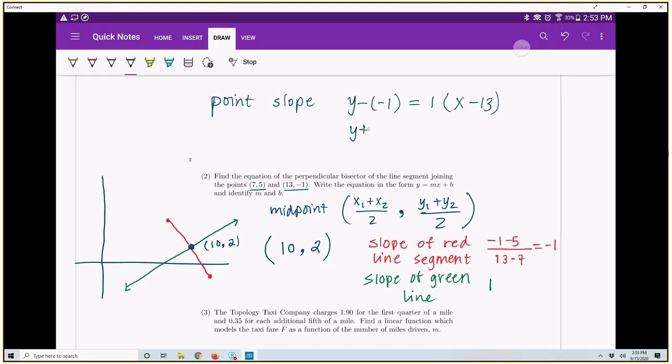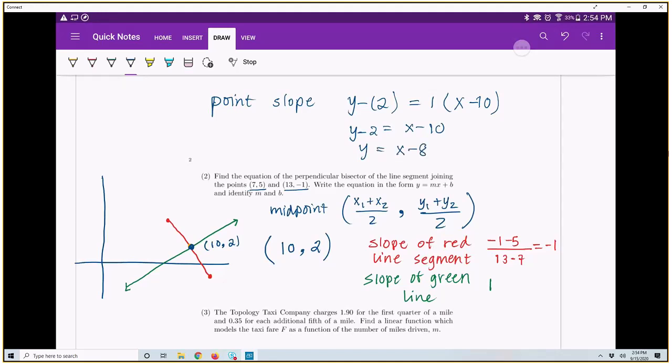So I have y plus 1 equals x minus 13. I subtract 1 from both sides, so I get y is equal to, oh, and I'm sorry, I'm using the wrong point. So I should use 10 and 2. That's my fault. So y minus 2 is equal to x minus 10. Then I'll add 2 to both sides and get y equals x minus 8.